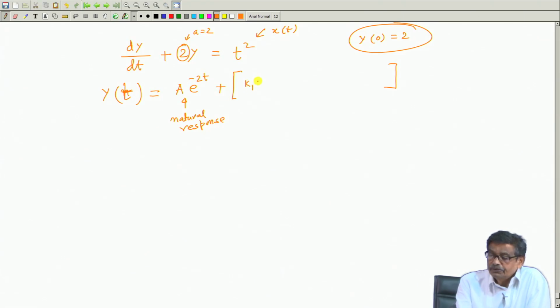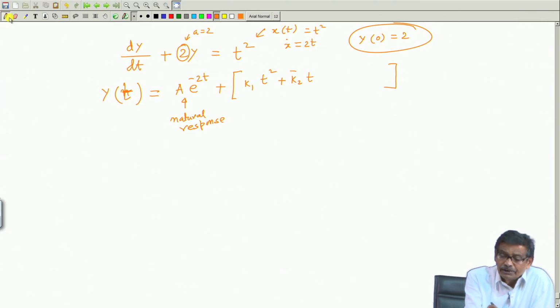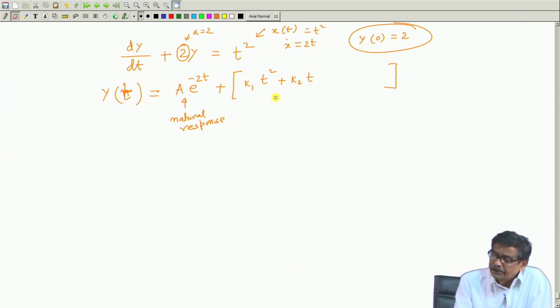It will be proportional to k1 into x, where x(t) is equal to t square. So, k1 into t square, plus k2 bar into x dot. What is x dot? 2t. So 2 into t, and this 2 I will absorb in the constant. So, k2 into t.